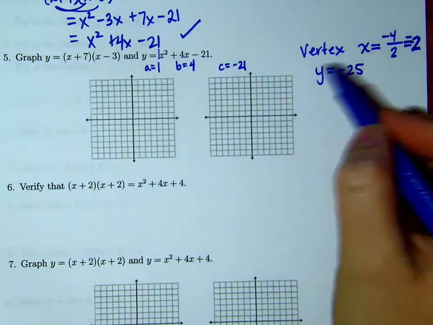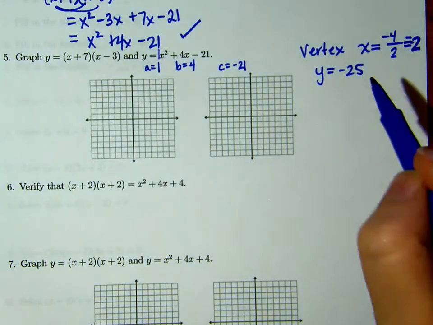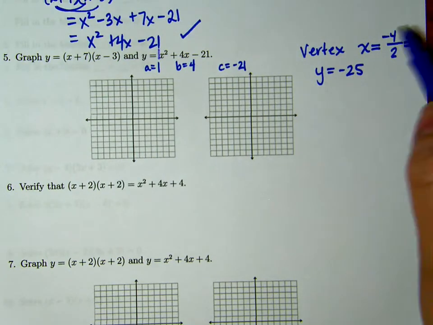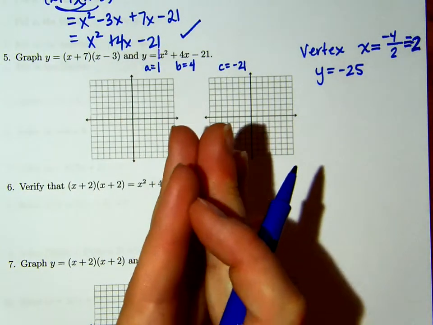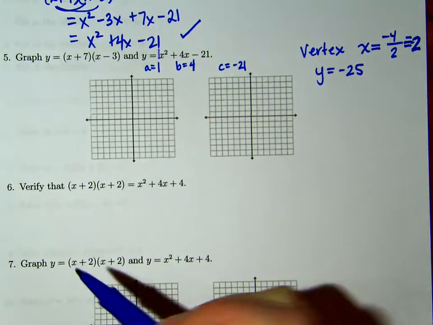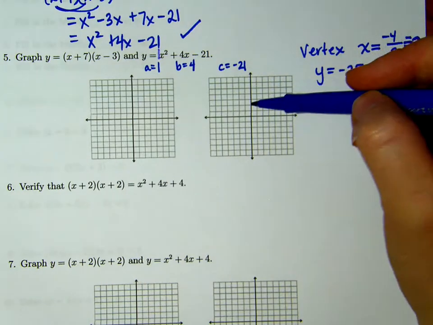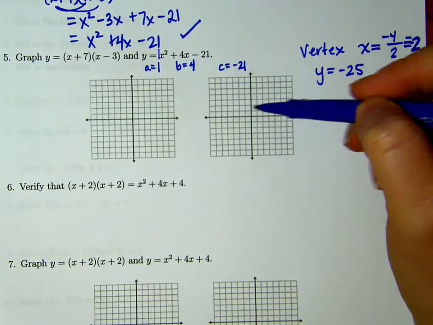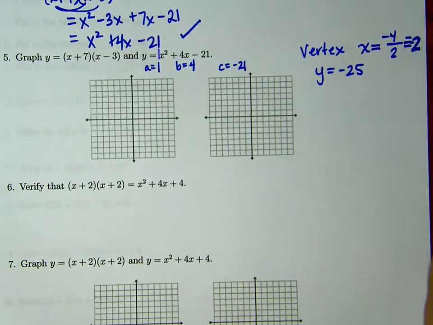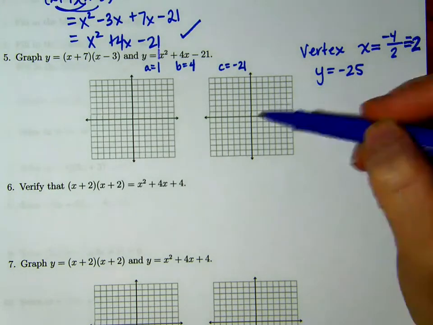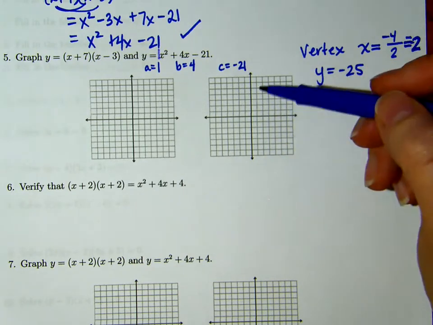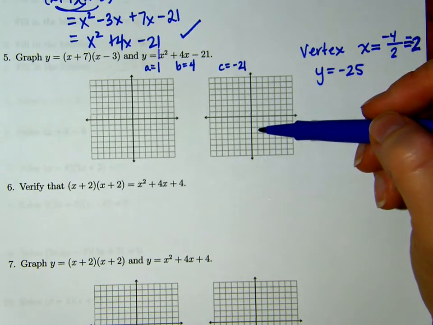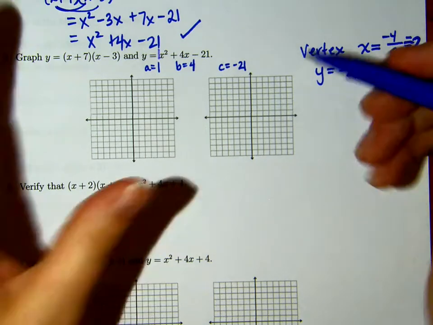So I see that our y values are going to get all the way down to negative 25. And our x values are going to be surrounded by the mirror image that happens around negative 2. So immediately I know that we're going to need to move our y-axis over to the right because we're going to have more negative x's, and we're going to need to move our x-axis up because we're going to need more negative y values as well. Okay, let's do that.